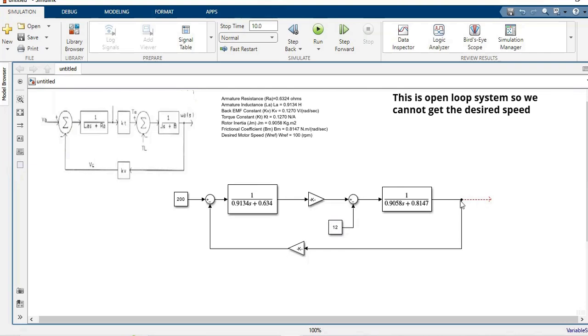Now here we have the omega, that is the angular speed.